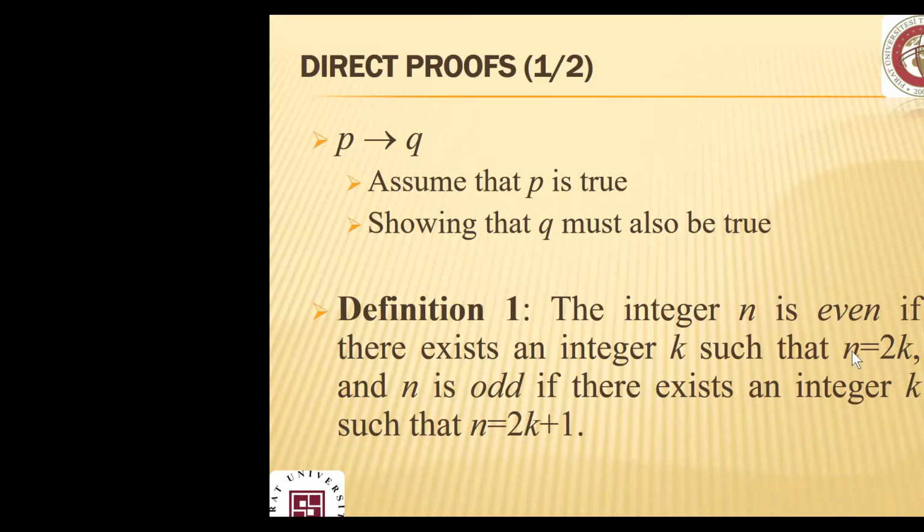So when you multiply k by 2, no matter what the value of k, as long as it is an integer, the outcome is even. This is the definition of an even number, an even integer. Right. And if n again is odd, then we can define it by k, the same k we assumed here, an arbitrary integer number.